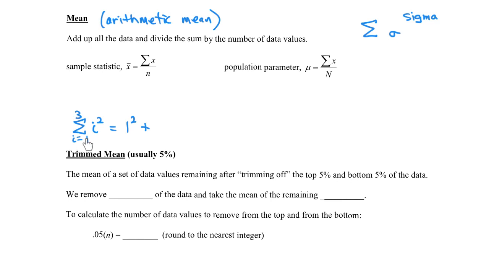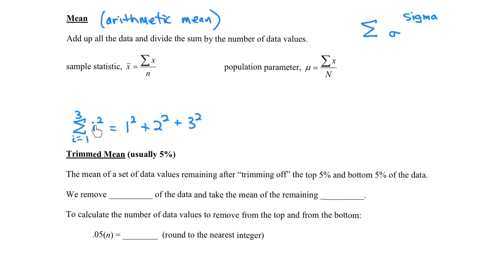So I put a 2 in here, and I put 2 squared. And then it's a sum, so I go plus. And then the counter goes to 3, and it stops at 3 because this basically says go from 1 to 3. So then we plug the 3 in here, it's 3 squared.